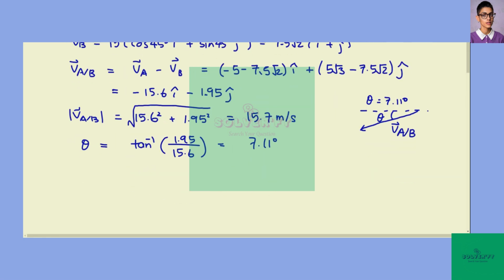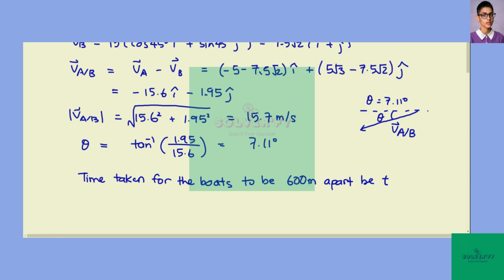Okay, and so for the time taken, let t be the time taken for the boats to be 600 meters apart.